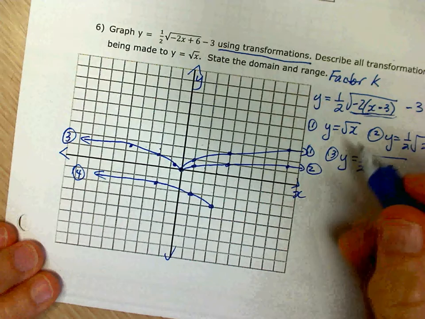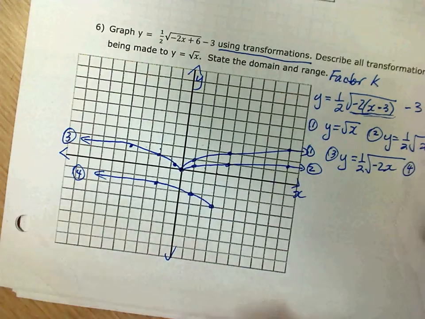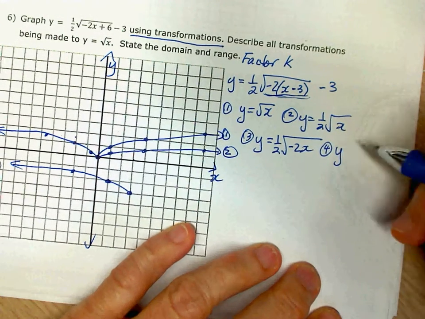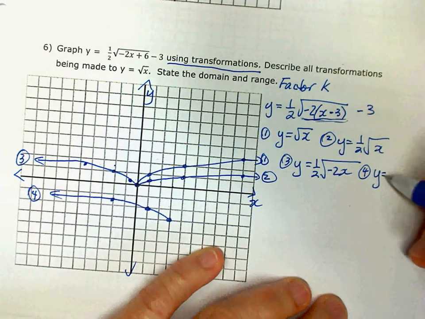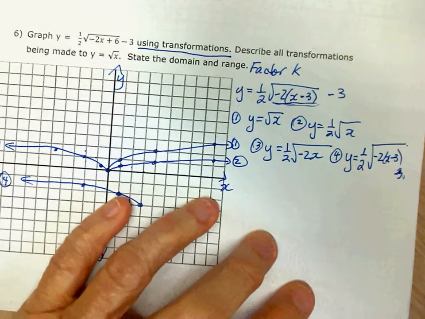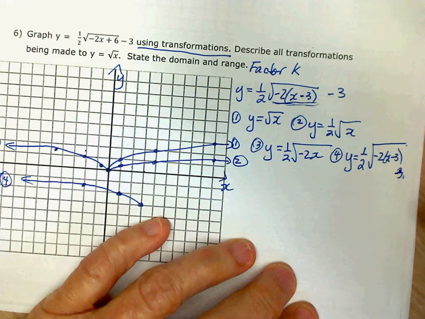So we just finished drawing graph 4. Let's see. Y equals 1/2 root of negative 2x minus 3, minus 3, right? Unfortunately, it doesn't fit. Will it fit there? No, it doesn't.